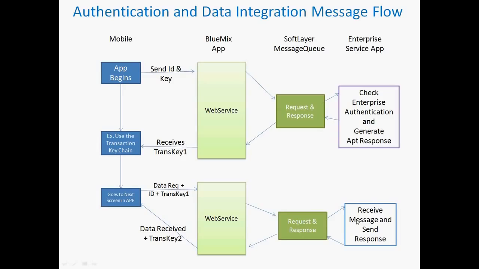The next stage is very similar, except that here the data is being used. Every message that comes back could have some additional transaction key that can help ensure this is the right person, because there's only one entity that can take the key.